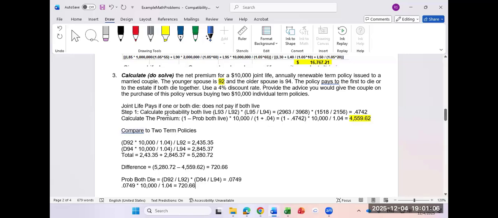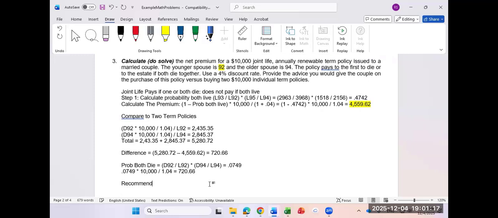So it's got several pieces in it. I love it as a problem because it does have you working with the mortality table, the probability both live, probably both die. So what's your recommendation for younger people? Buy two term, because it saves almost nothing to do joint life. Why? Because the probability both die is extremely low.